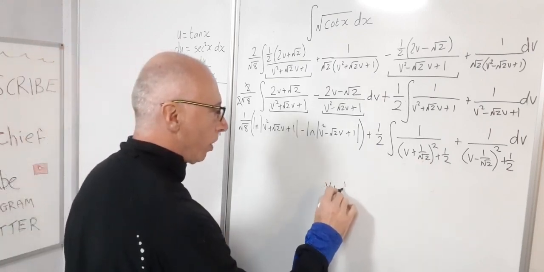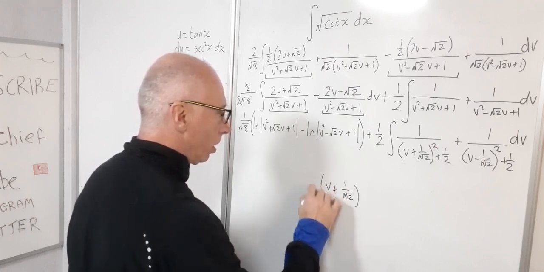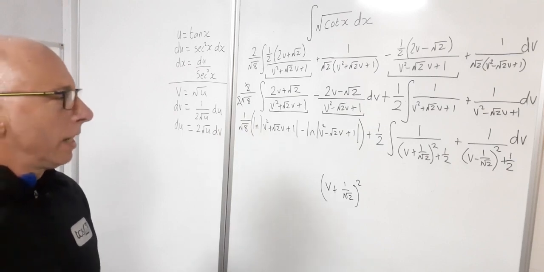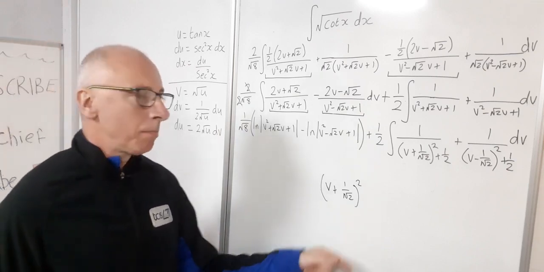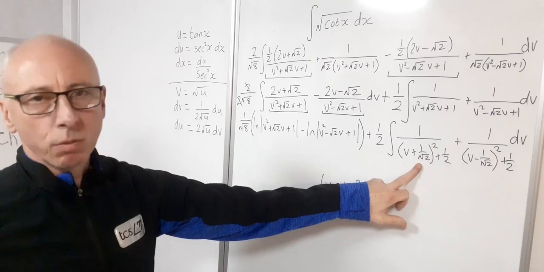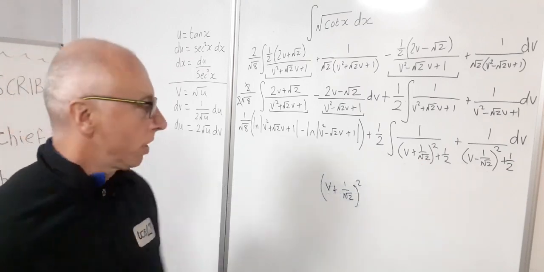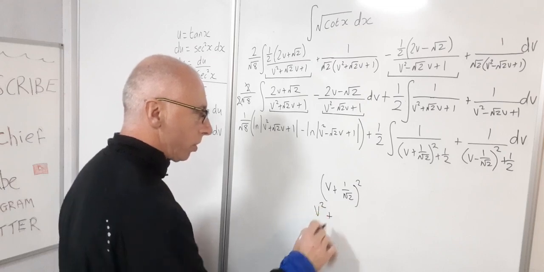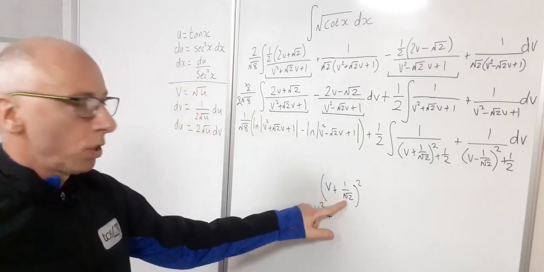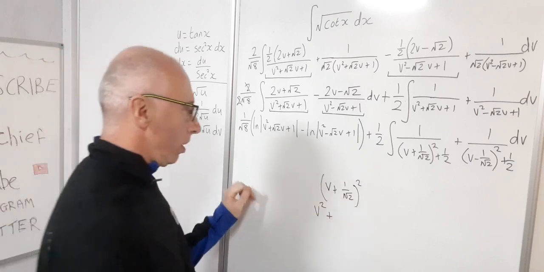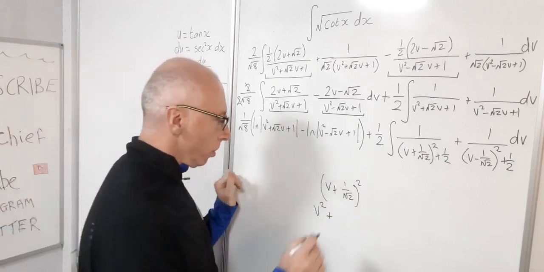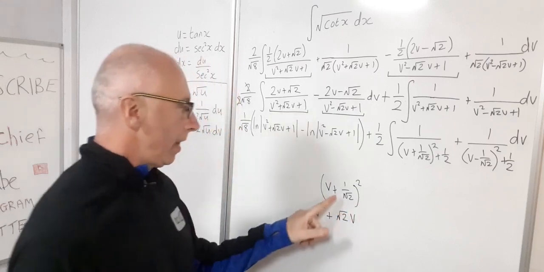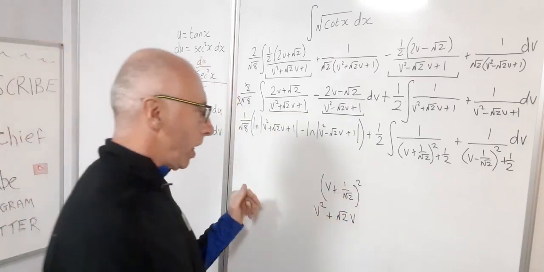So (v + 1/√2) squared. Now let's see what happens when we square that, and that might lead us to a substitution we can put in there, and also for this one. So if you square this, we'll have v² plus, so 2 of these will be 2 over root 2. So that's basically 2 over root 2 just gives us root 2. So root 2 times our v, and then square that, we just get a half.